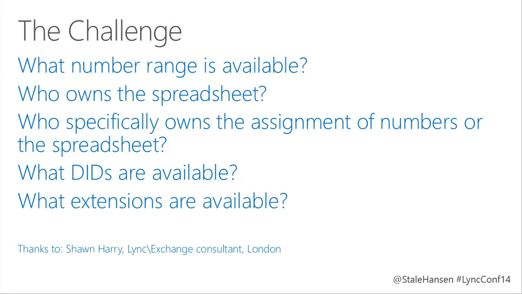It's not just a user that needs to be enabled, but you need to know where is the user located. Is it in a specific region? Should it be enabled for call centers, or should they be enabled for response groups as an agent? And that may give different rules in how you assign the number and what number to assign.